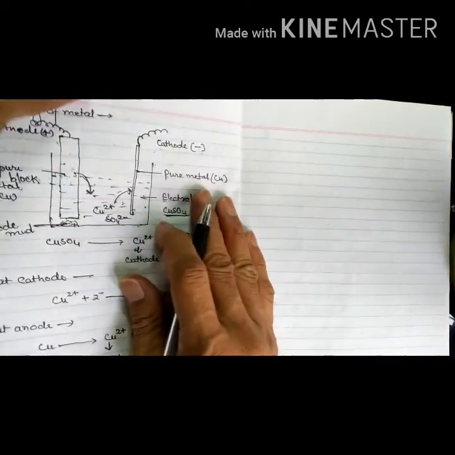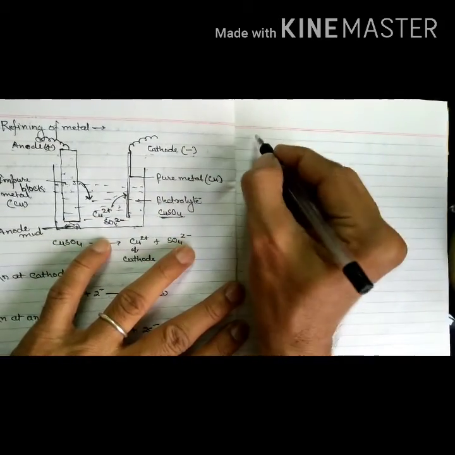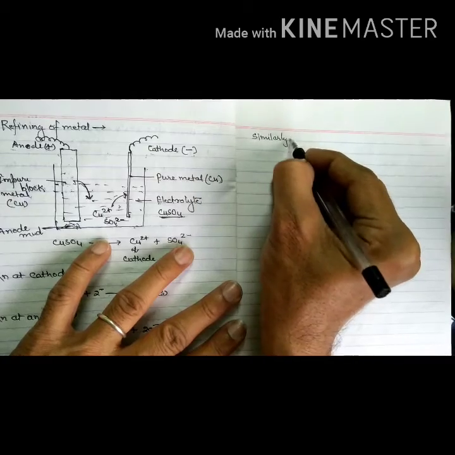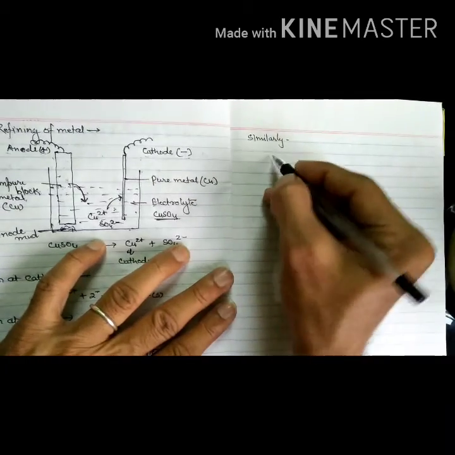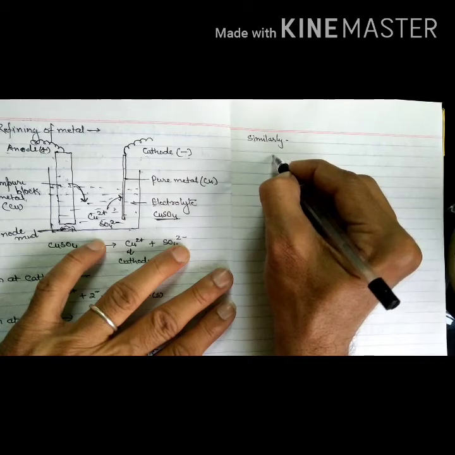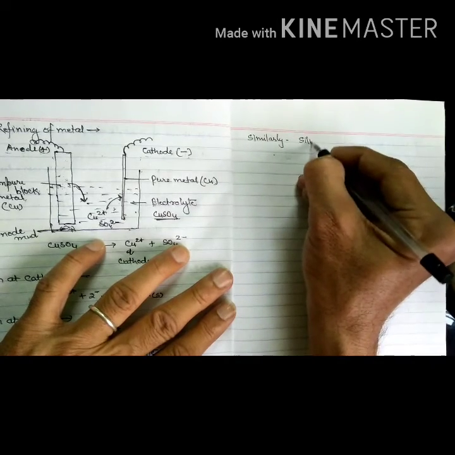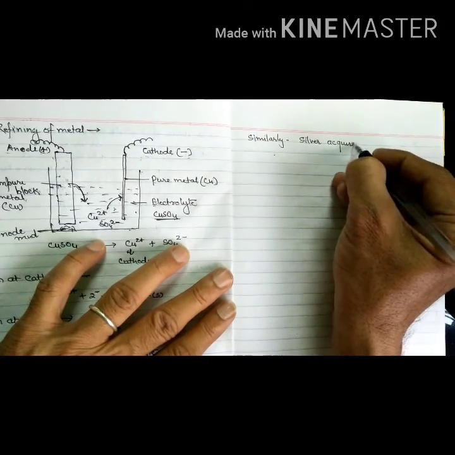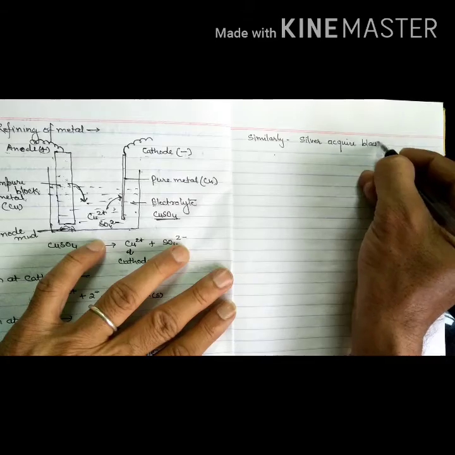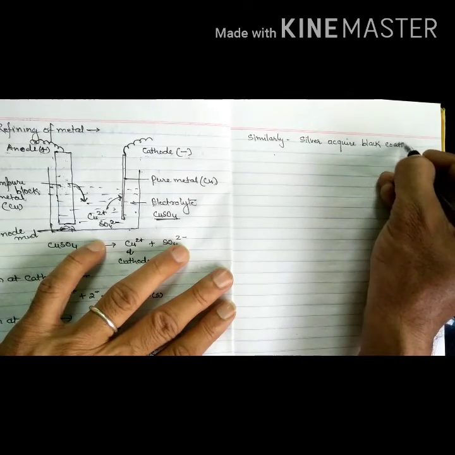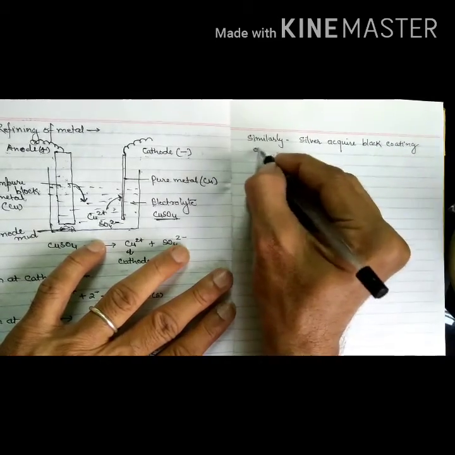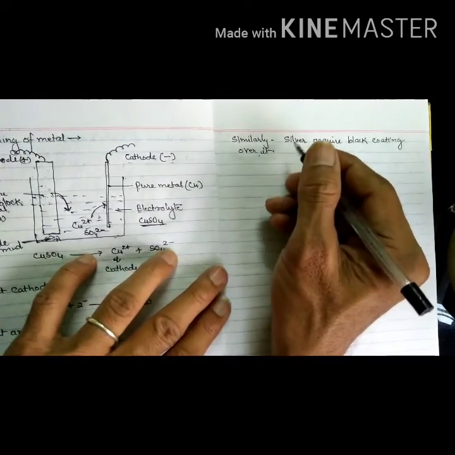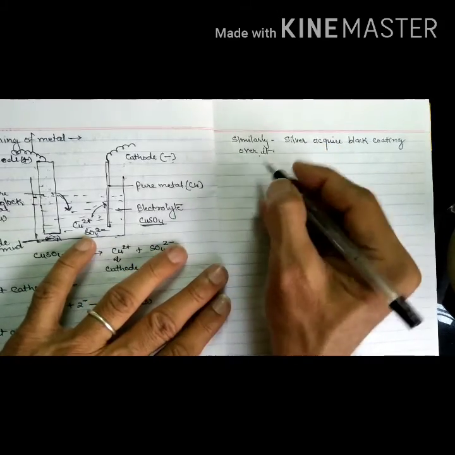Similarly, silver acquires a black coating over it when exposed to the atmosphere.